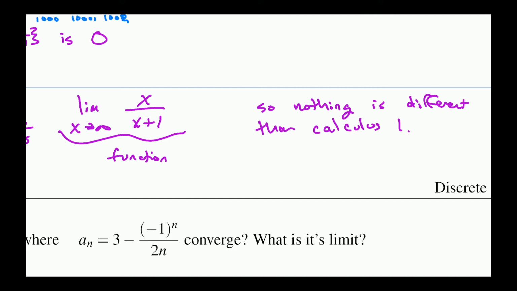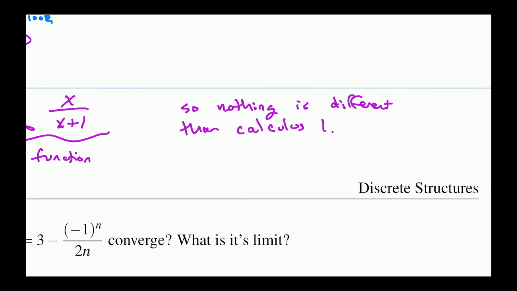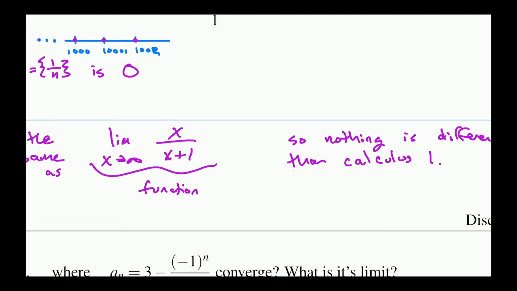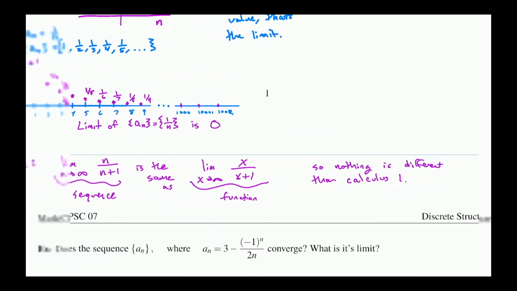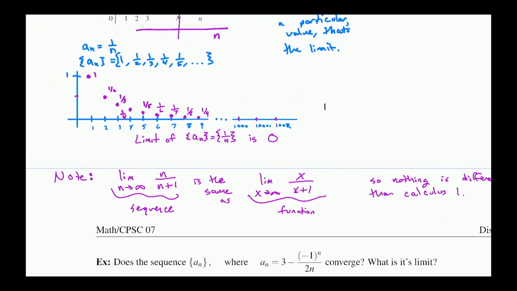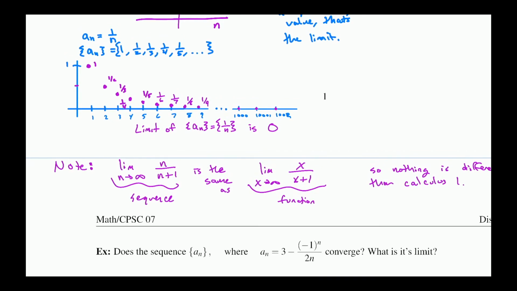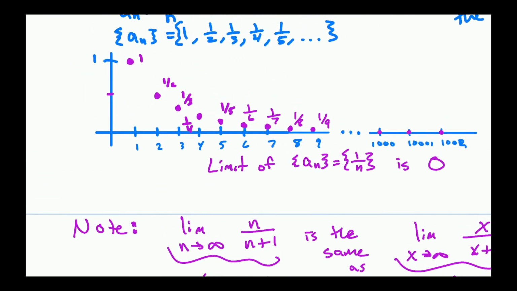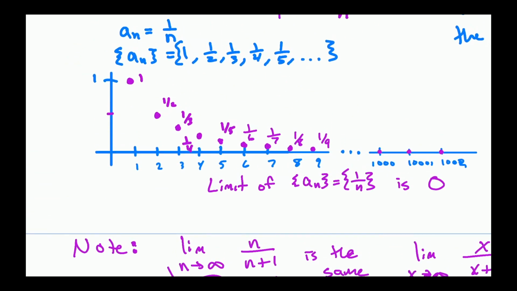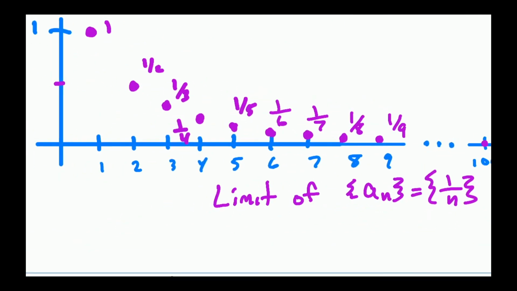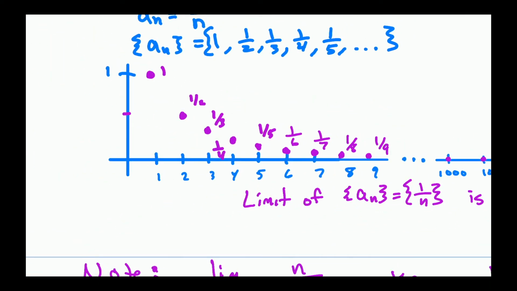Okay, so this is really a topic that you actually do know something about. It's just that we're dealing with, sorry, I'm trying to enlarge this and it's not working. Okay. It's just that we've got these individual points on the graph now because it's a sequence instead of having a curve, right?